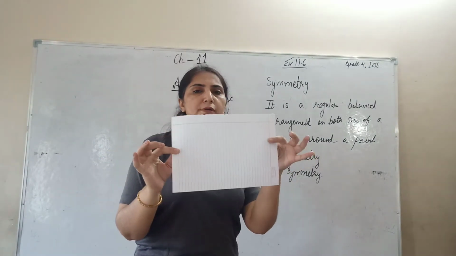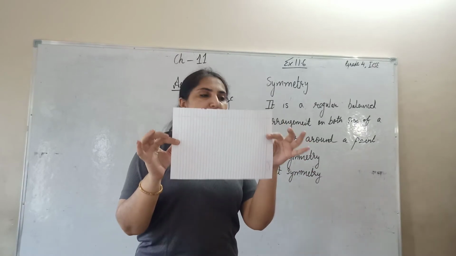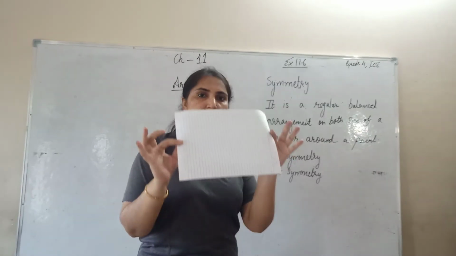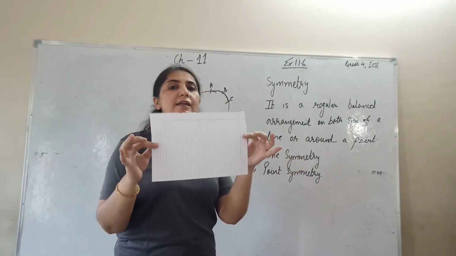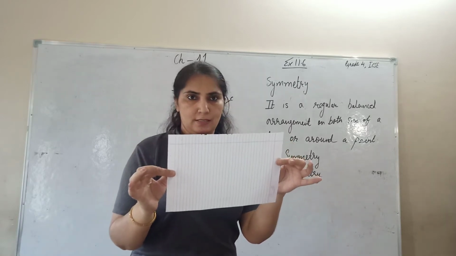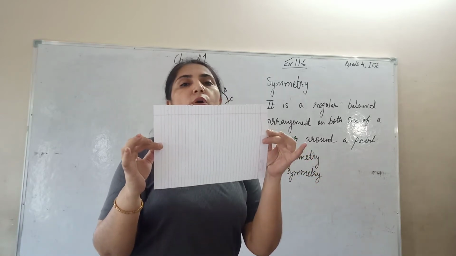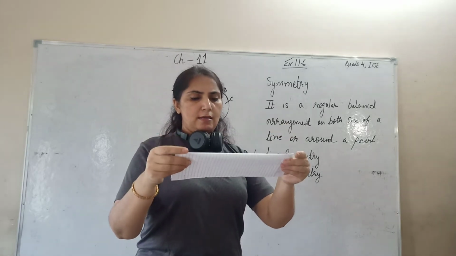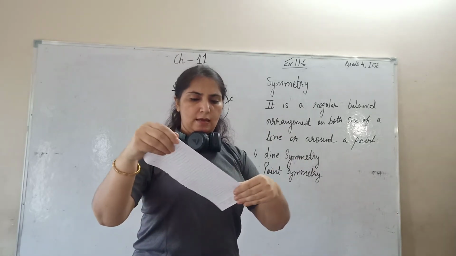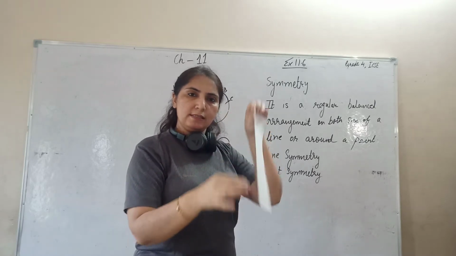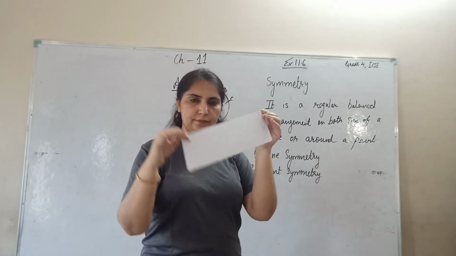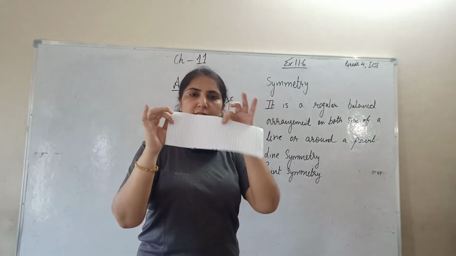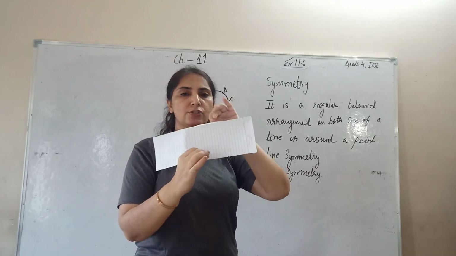Like, now this paper has the shape of a rectangle. If I have to divide it in two equal parts, what are the various options with me? First, I can fold it like this, two parts, one and two.